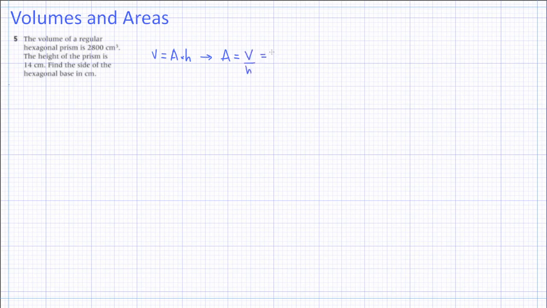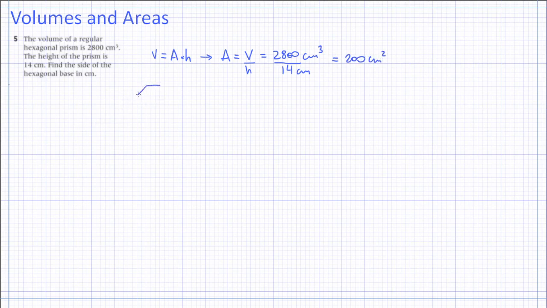And well, the volume is 2,800 cubic centimeters, and our height is 14 centimeters, right? So that should give us an area of 200 squared centimeters.